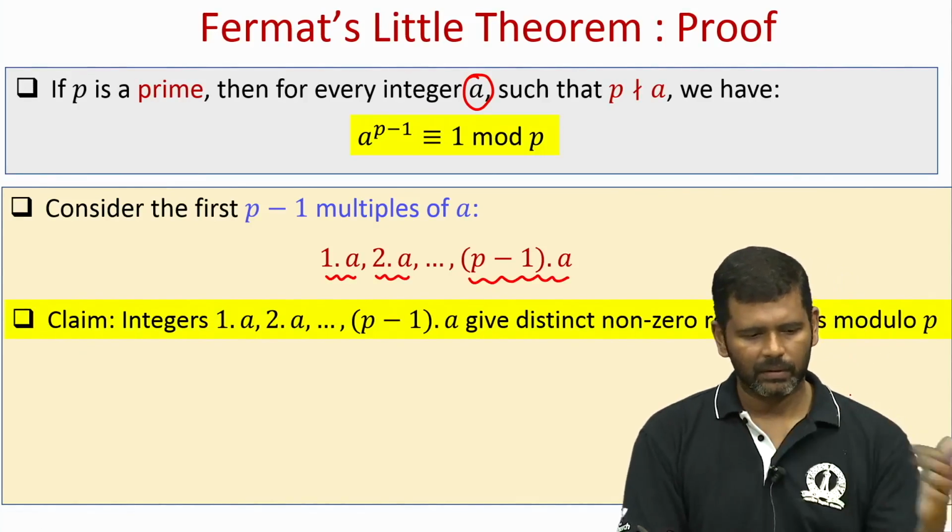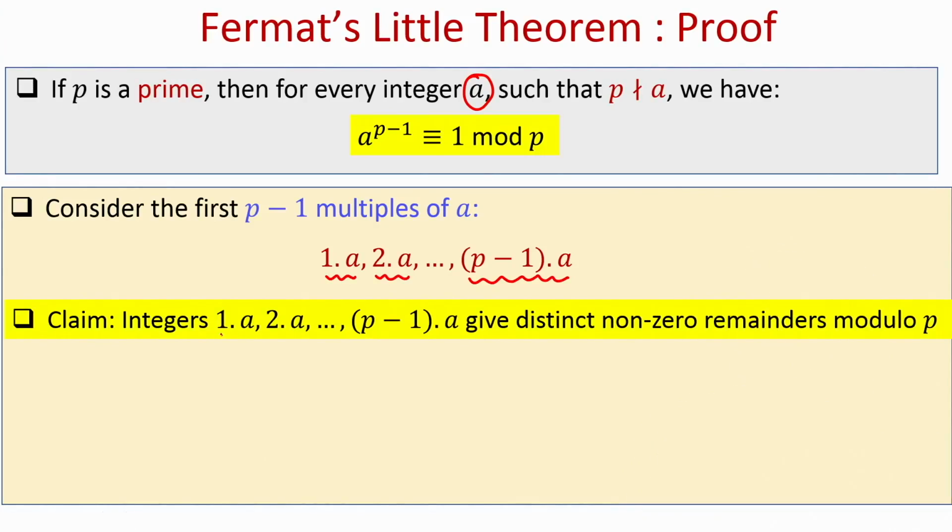The claim is that all these multiples of a, namely 1 times a, 2 times a, 3 times a, up to p minus 1 times a, when divided by p will give you distinct non-zero remainders. That means, whatever remainder you obtain by dividing 1 times a by p, call that remainder R 1.